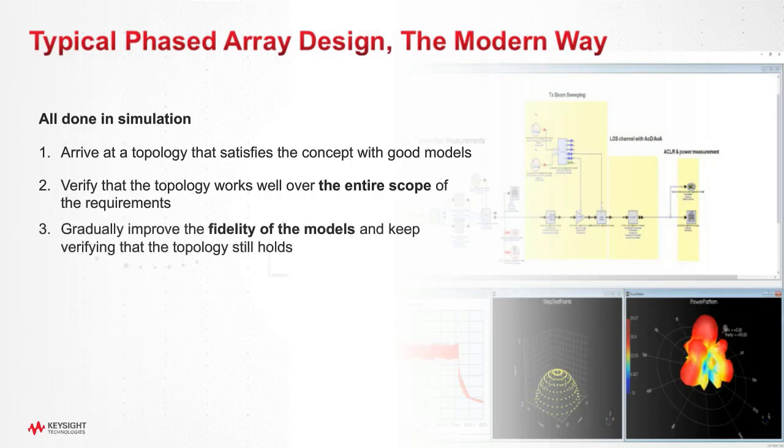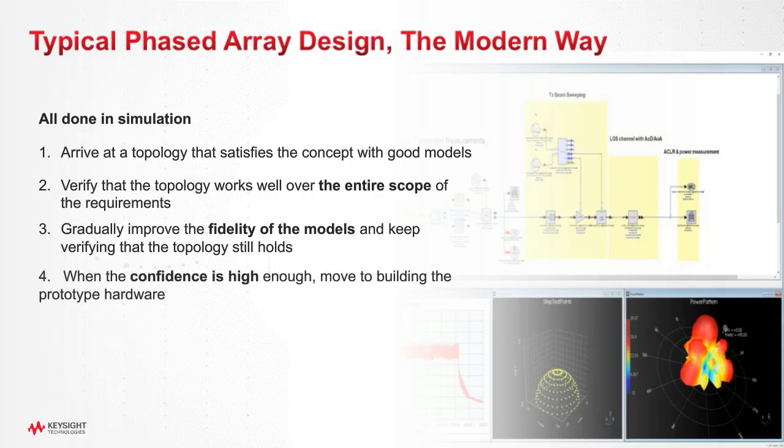And gradually we increase the fidelity and the accuracy of the models of the parts that we have used and keep verifying the topology still holds. If required, we can change the topology at this point. When the confidence is very high, we move on to building the prototype hardware. At this point, we only have to do a little bit of fine-tuning to the design to satisfy the specifications.